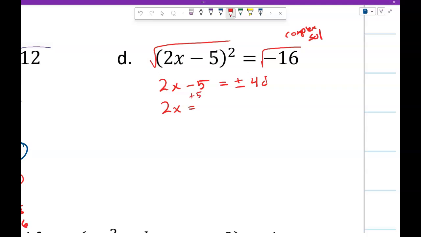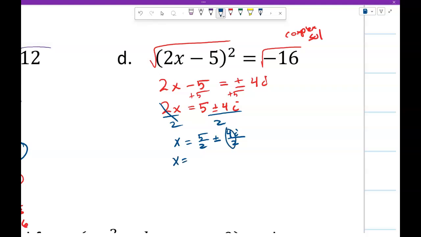Since we're going to add 5 to both sides, we're going to put the rational real term in the front, plus or minus 4i. Then we divide both sides by 2. X equals 5 over 2 plus and minus 4i over 2. And then we can simplify 5 over 2 plus and minus 2i for our complex solution.